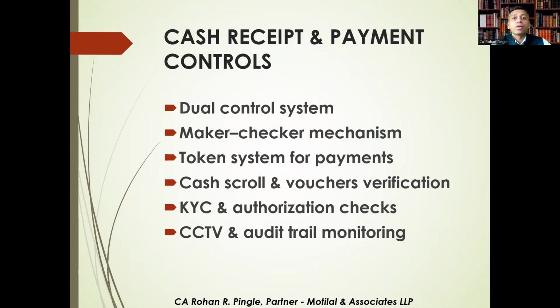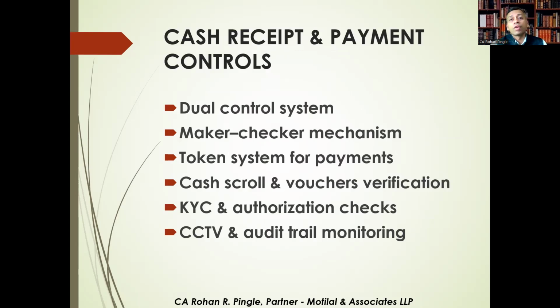Next, cash receipt and payment controls. Cash transactions must be governed by strict internal controls. Segregation of duties, like cashier, officer, and supervisor must be separate. Maker checker concept, that no single person completes one transaction. Token system ensures orderly and authorized payments.